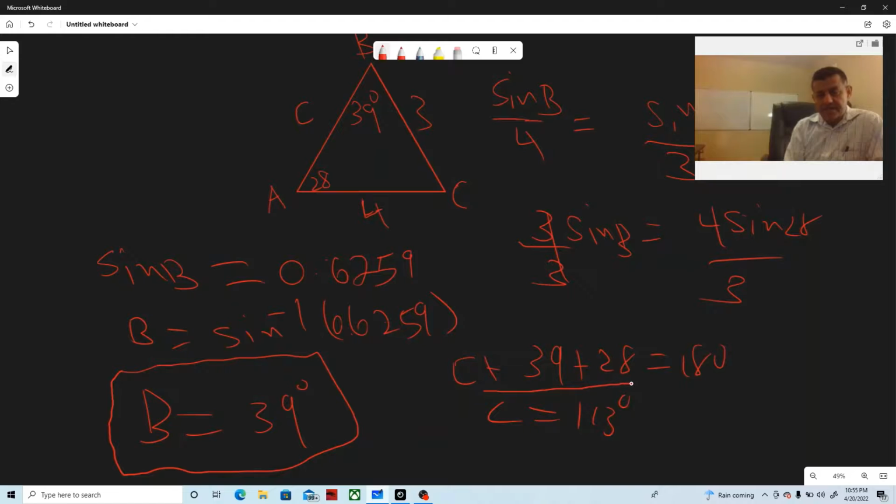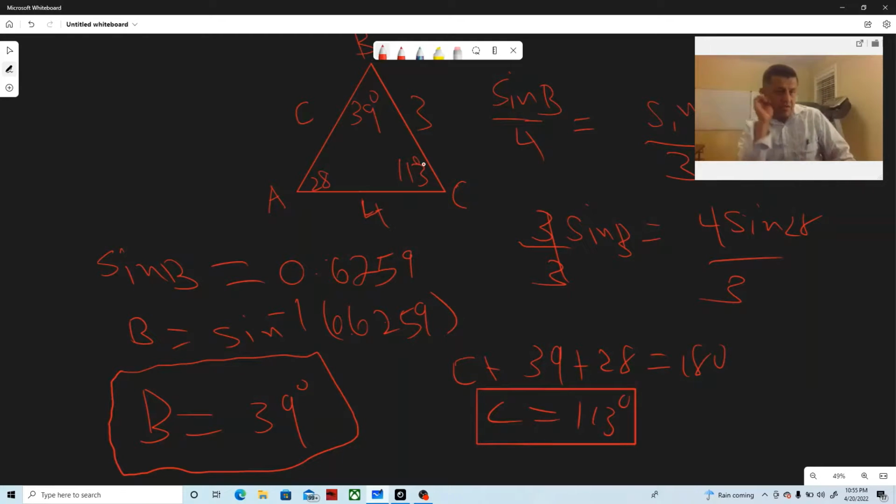So with that being said, we know now the three angles. This is 113.